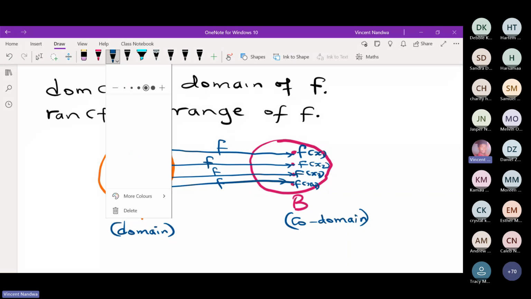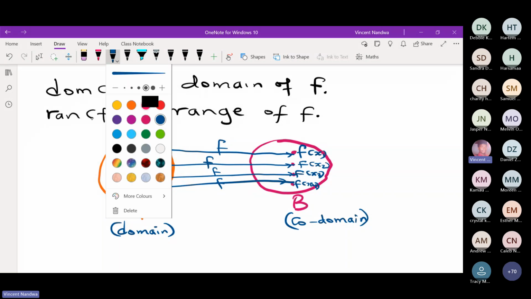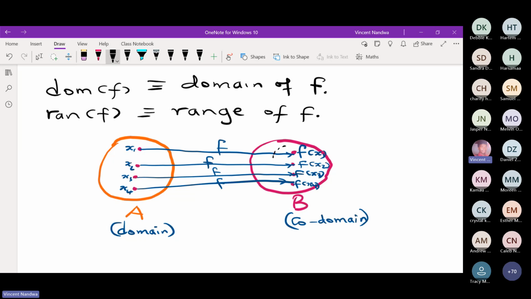Inside the codomain, the values of the function after it takes points from set A is what we call the range of the function f. So range is a subset of the codomain.